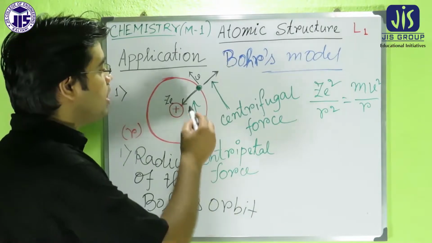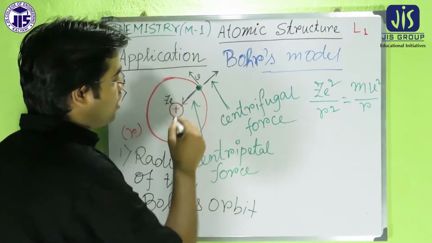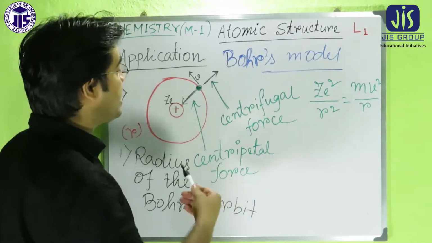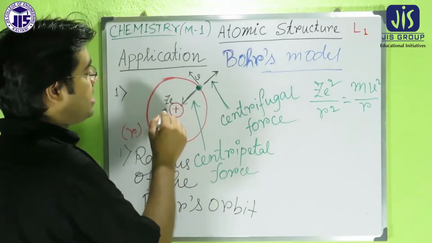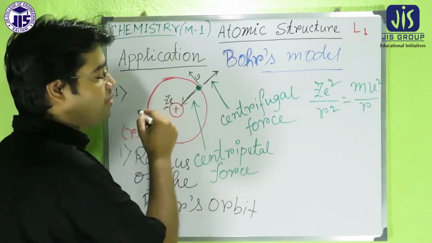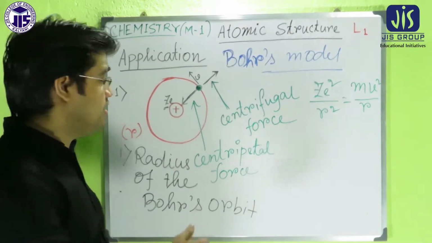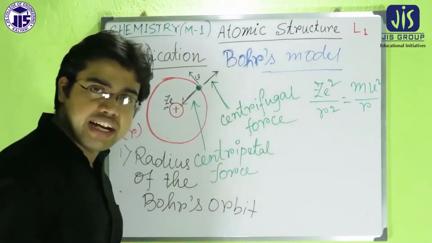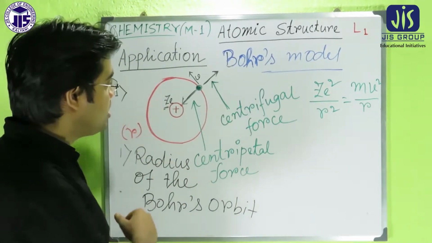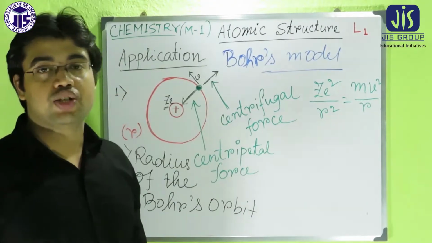Now what is the value of the force in the inward direction, or how can we express it? For example, we can take Z as the atomic number, and e as the charge of either the proton or the electron.